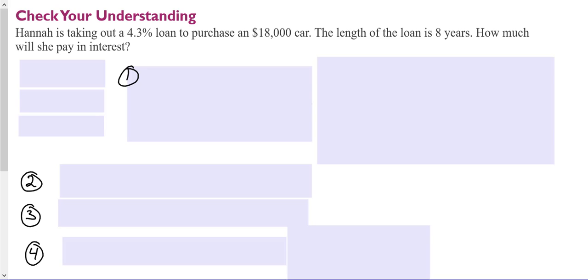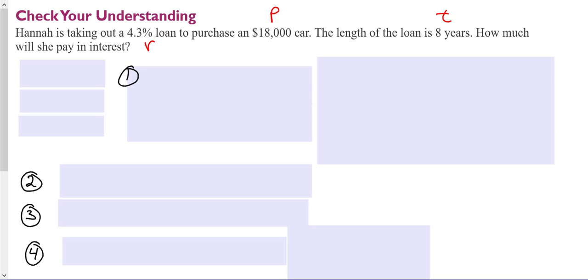So let's do another example. Hannah is taking out a 4.3% loan, which is our rate, to purchase an $18,000 car, which is our principal amount. The length of the loan is 8 years, so our time would be 8. How much is she going to pay in interest?